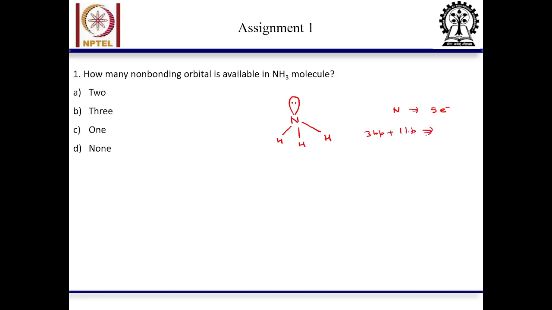So the geometry is tetrahedral, but once we talk about the shape, shape is nothing but the geometry with the lone pair removed. So this is trigonal pyramidal. So option C is correct. If anyone has any doubt, he can ask me, otherwise I will go to the next question.